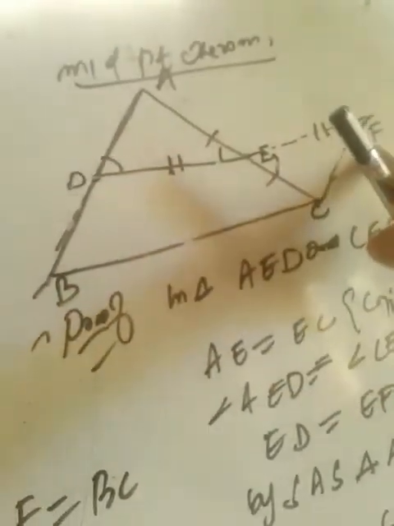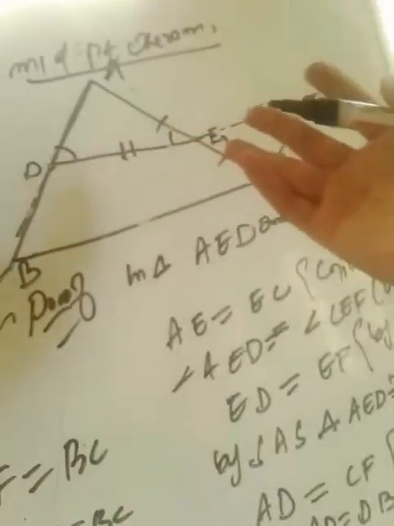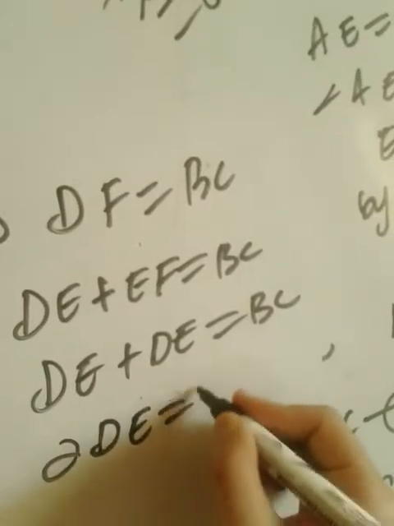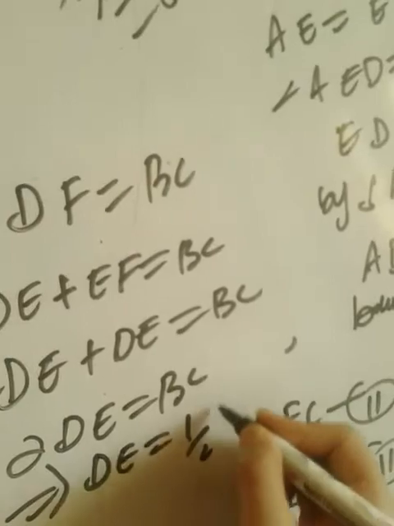But DE equals EF by construction, so DE plus DE equals BC. So twice DE equals BC, which implies DE equals 1 by 2 BC.